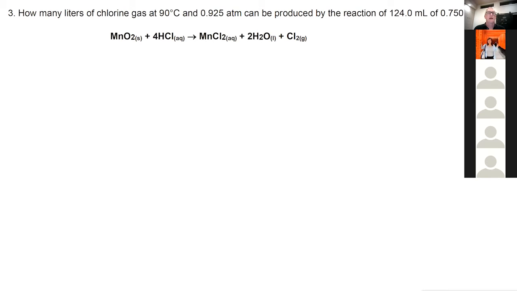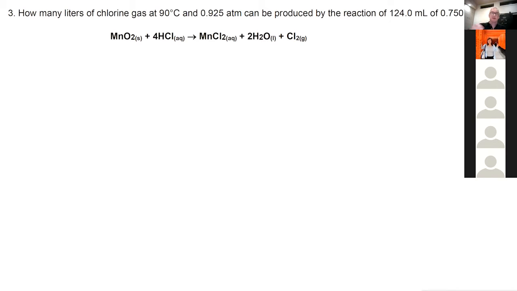So have a look at that. Is that a balanced equation? Wait, I need to double check. So is that balanced? Yes, it is actually.